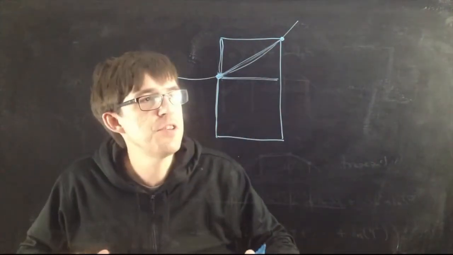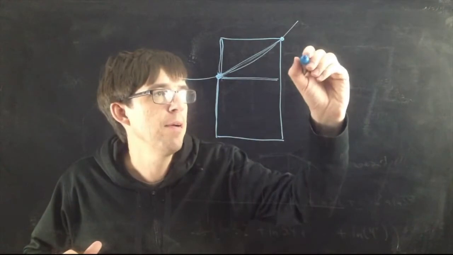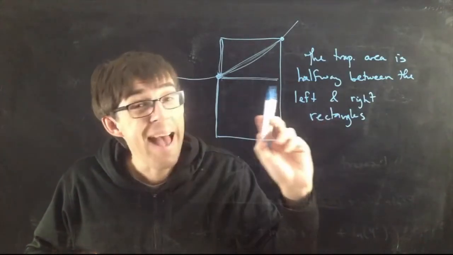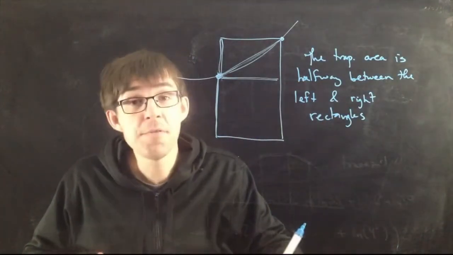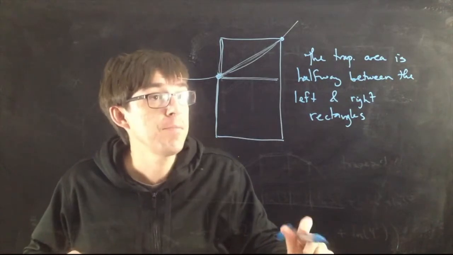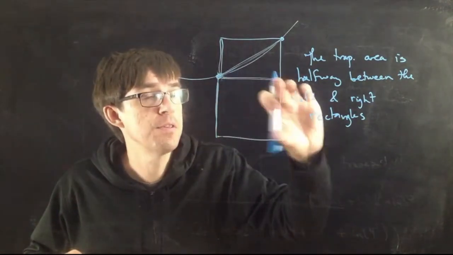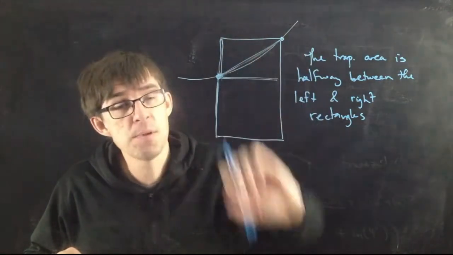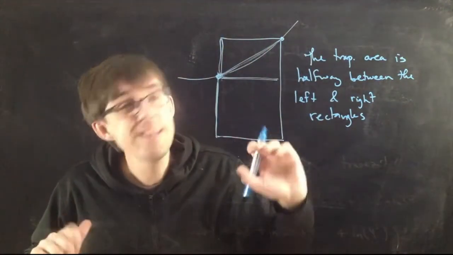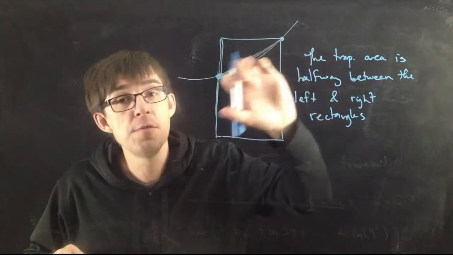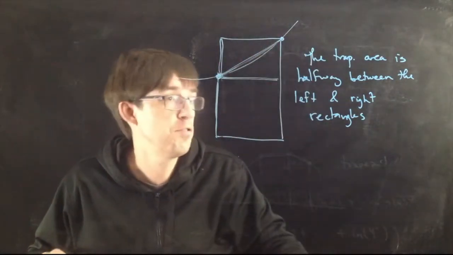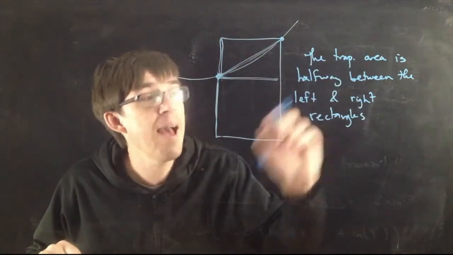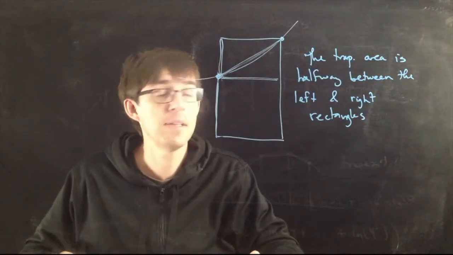You don't have to be a genius to realize the trapezoid area is halfway between the left and right rectangles, isn't it? The left rectangle gets you only the small part. The right rectangle gets you this tall thing all the way up to the top. Cutting the difference in half is what you'll get if you take the area of the trapezoid. So the trapezoid area is halfway between the left and right rectangles.